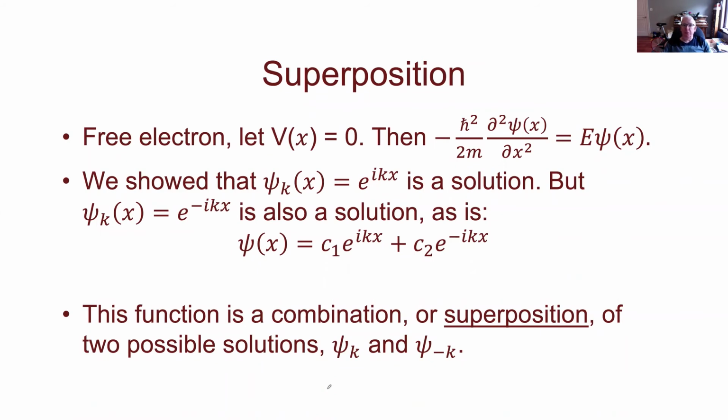If those 2 are solutions, then any linear combination of those 2 has to also be a valid solution to the wave function. So I could write a wave function that looked like this one here, where C1 and C2 are just two weighting coefficients. They're essentially saying what are the fractional contributions of those two terms to my overall wave function. We can think of this as a combination, or a fancy word for that is a superposition of wave functions.